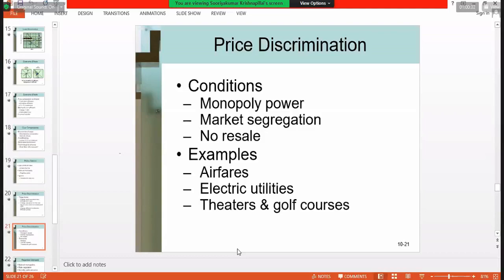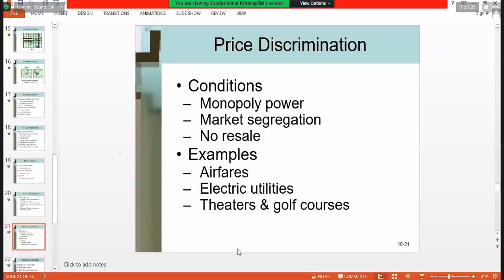If one group buys at a lower price and sells to another group, then it's impossible to sell to different groups at different prices. If they cannot control resale, those people can buy at the lower price and sell to other groups who have to pay a higher price.